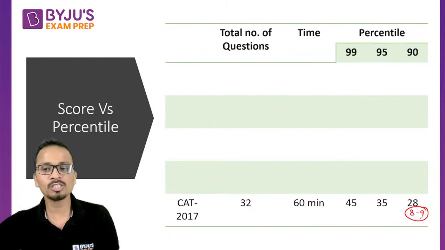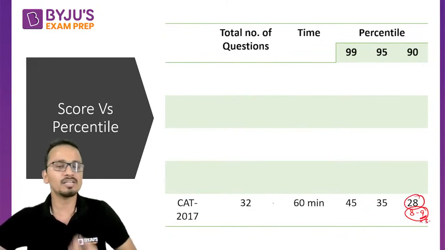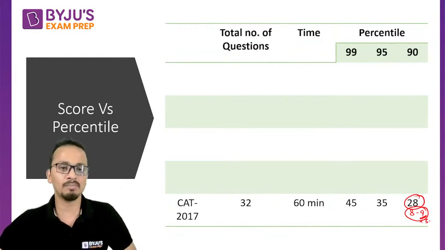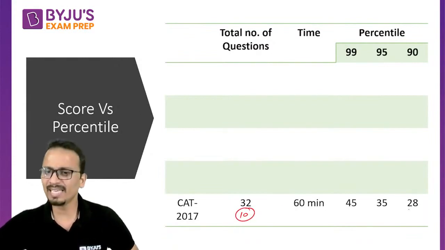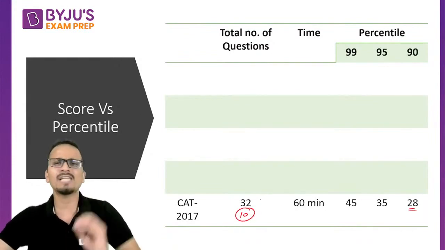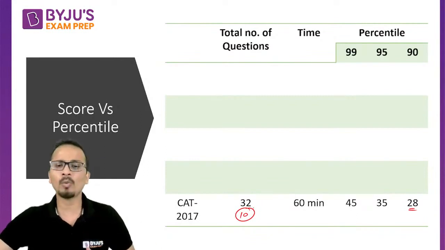So 9 questions correctly solved, 9 into 3, 27. So you are very much near to this 90 percentile mark. Or if out of 32, you have effectively made 10 correct, then yes, you have easily crossed this 90 percentile mark in CAT 2017.